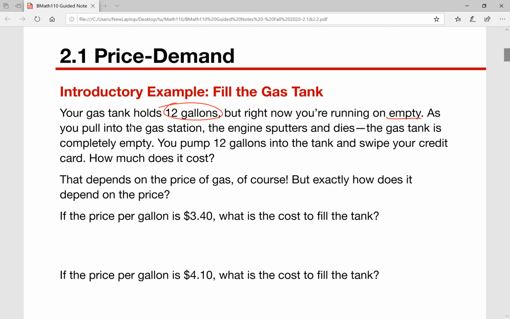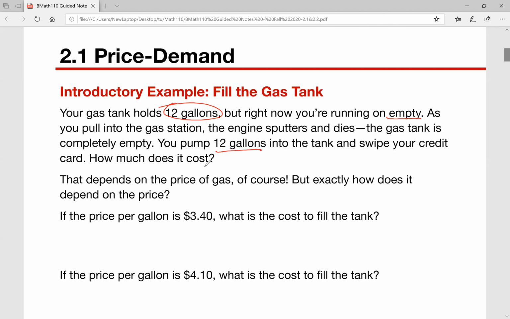As you pull into the gas station, the engine sputters and dies. The gas tank is completely empty, and then you pump 12 gallons into the tank and swipe the credit card. How much does this cost?